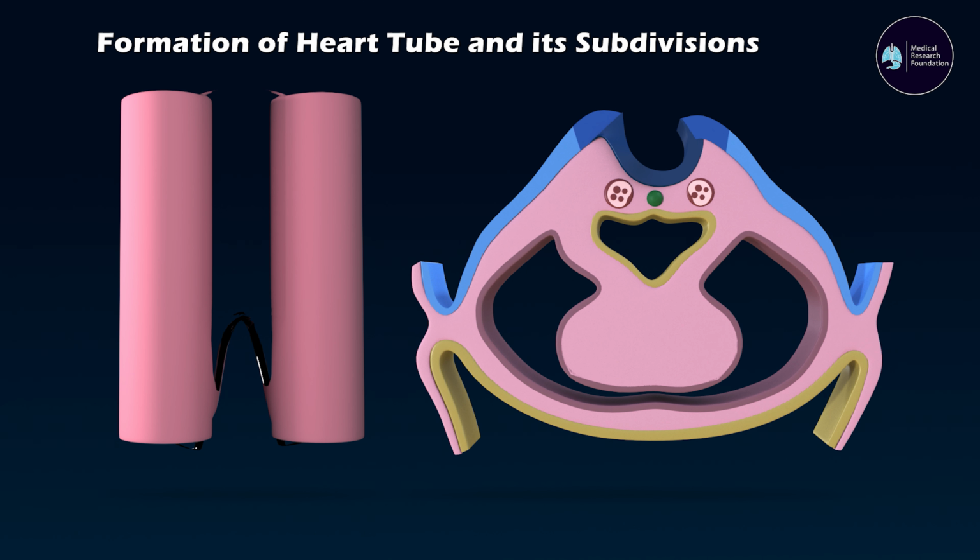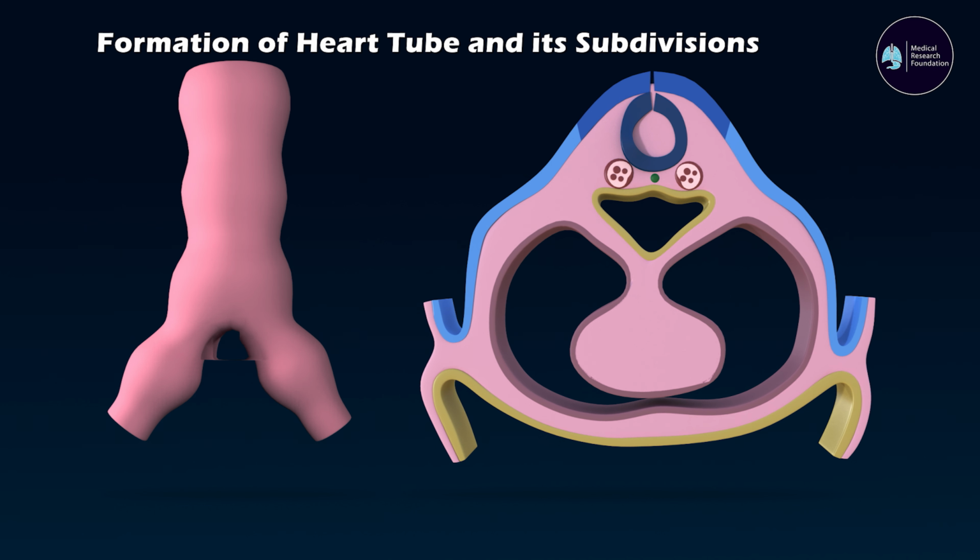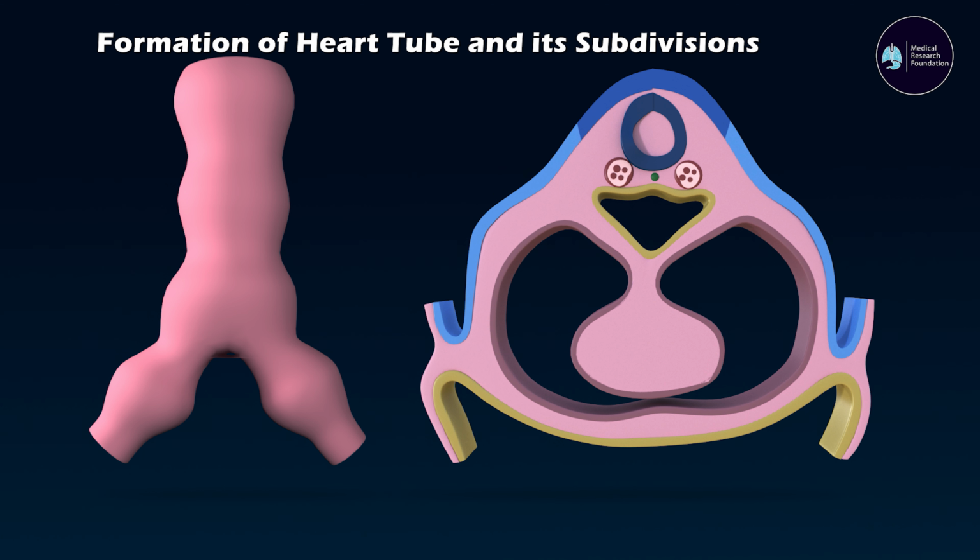These tubes fuse with each other in a craniocaudal direction to form a single primitive heart tube. However, the caudal ends of the two heart tubes fail to fuse with each other. As a result, the caudal end of the heart tube remains bifurcated.